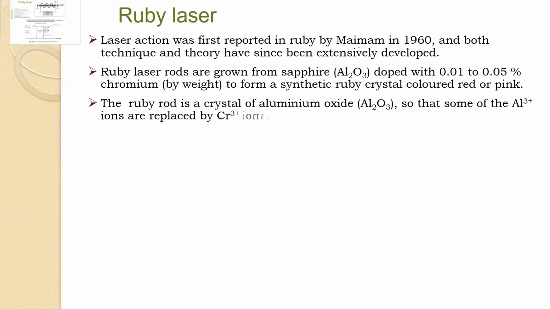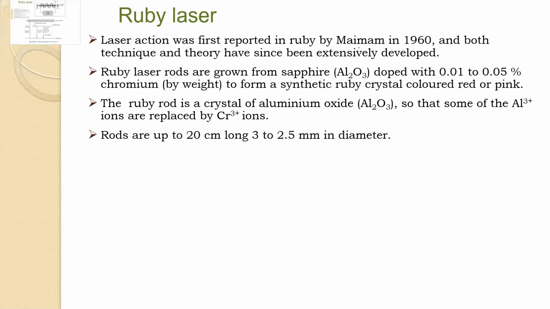The ruby rod is a crystal of aluminum oxide, so that some of the Al3+ ions are replaced by chromium ions, Cr3+ ions. For that, we added the impurity chromium.